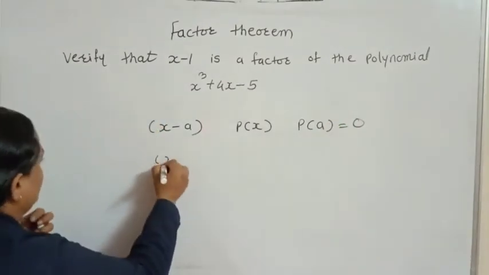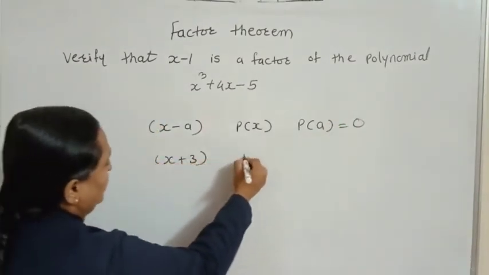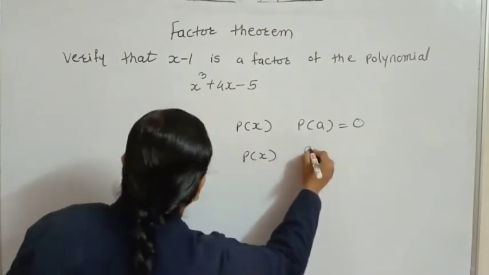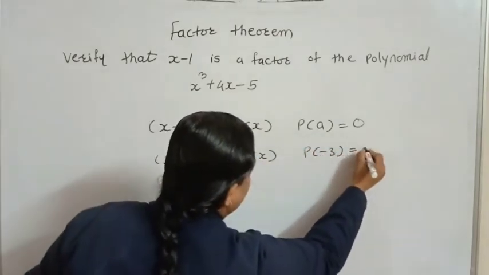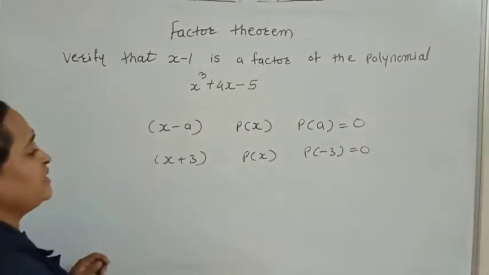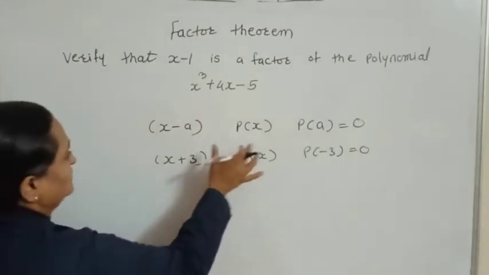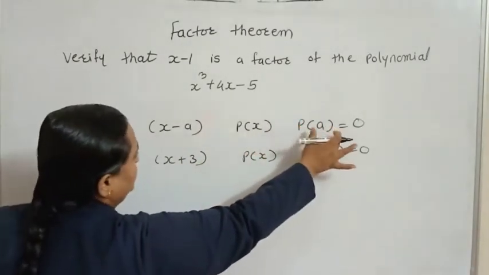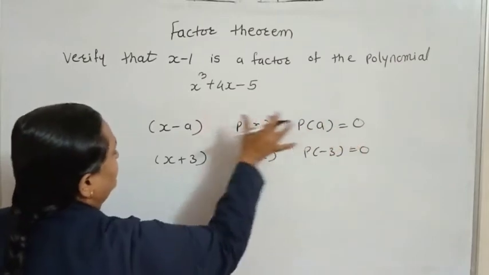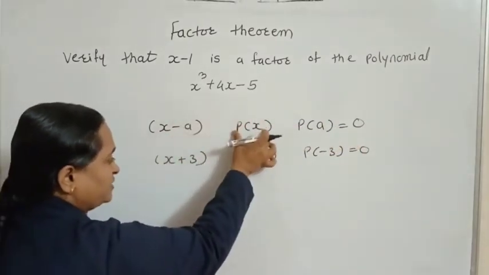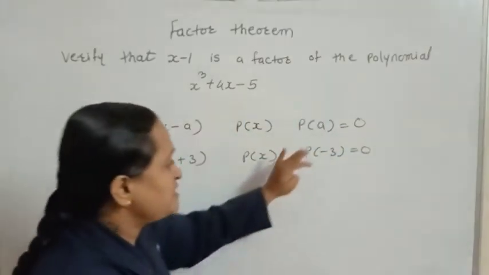Again we can take, suppose x plus 3 is a factor of p of x, then p of minus 3 is equal to 0. Then the converse also we can take: if x minus a is a factor of p of x, then remainder is 0.